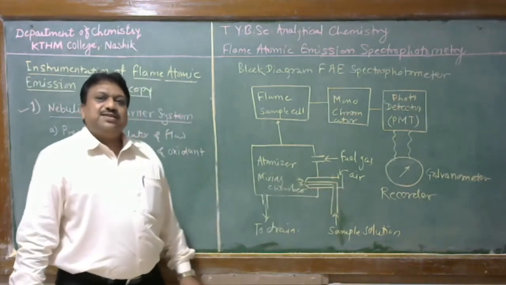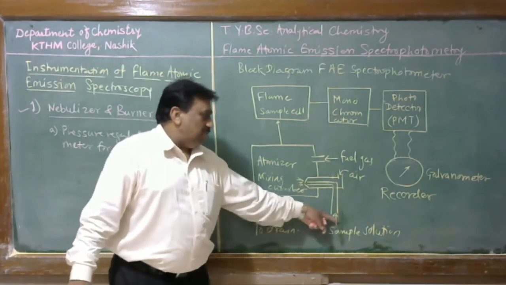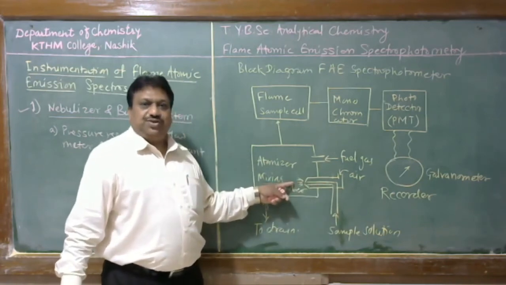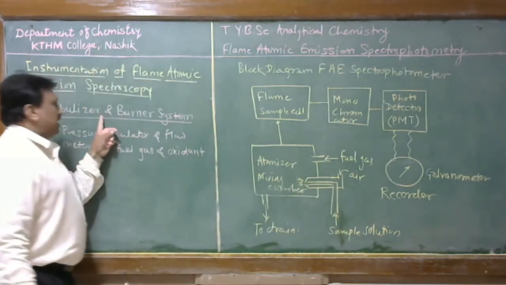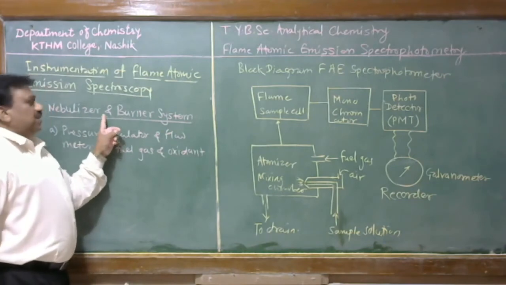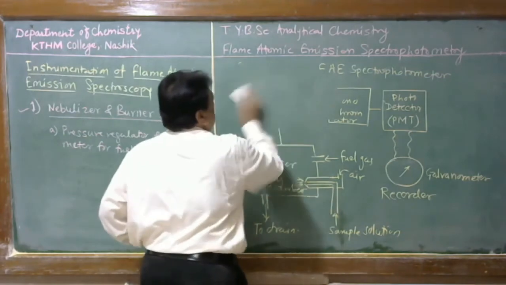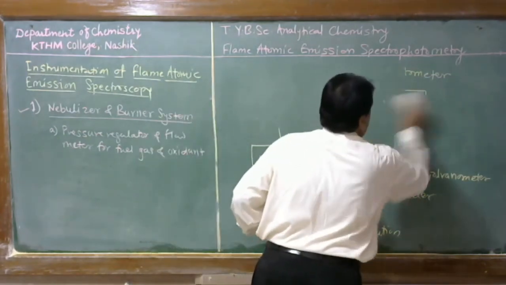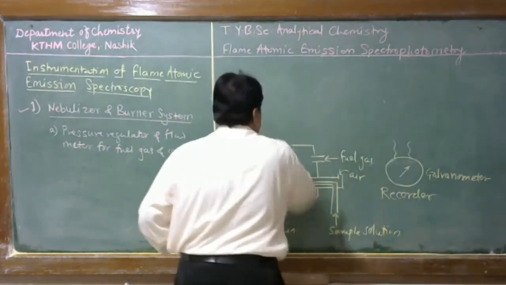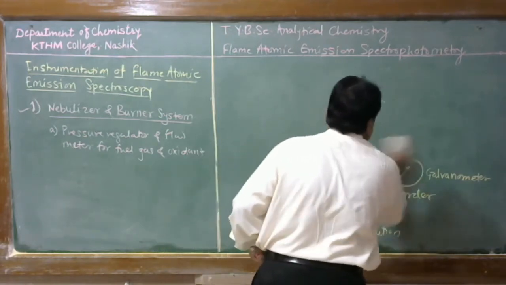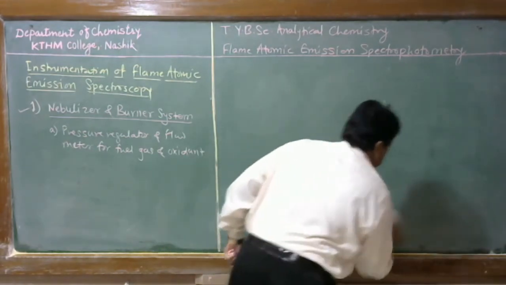Flow of compressed air also determines the amount of sample taken into the solution. Therefore, the first requirement for the nebulizer and burner system is the pressure regulator and flow meter for fuel gas and oxidant.